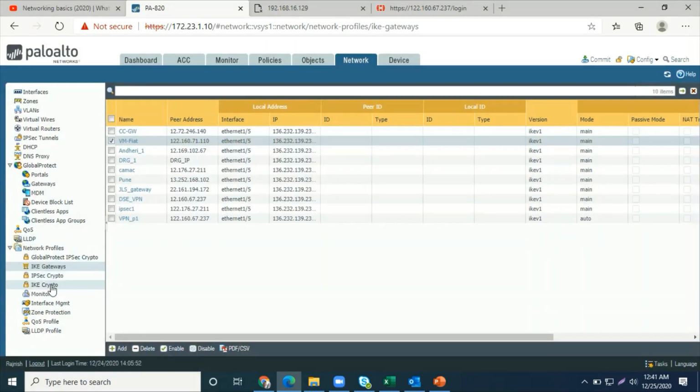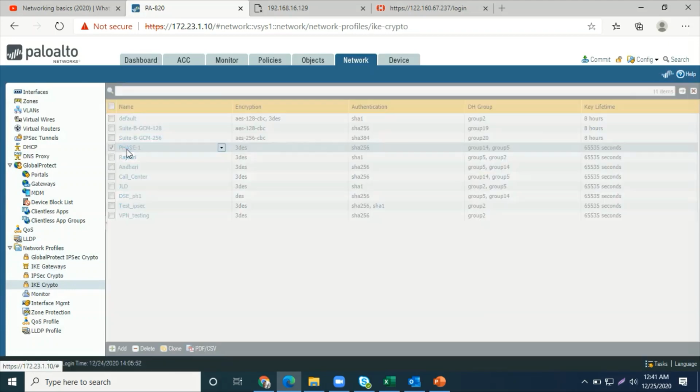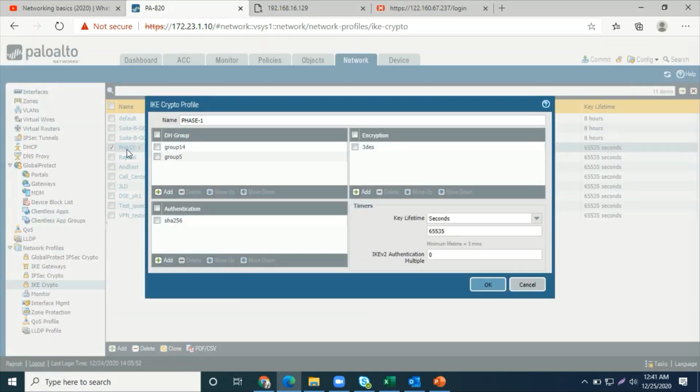So I will show what the IKE crypto profile is. The IKE crypto profile mentions the DH group, authentication algorithm, and encryption key.